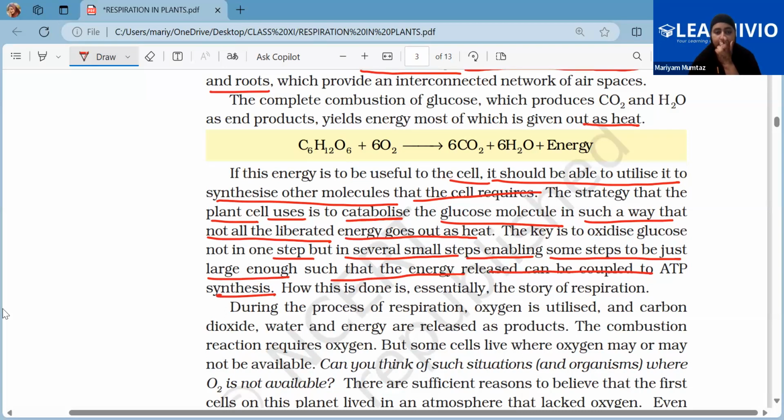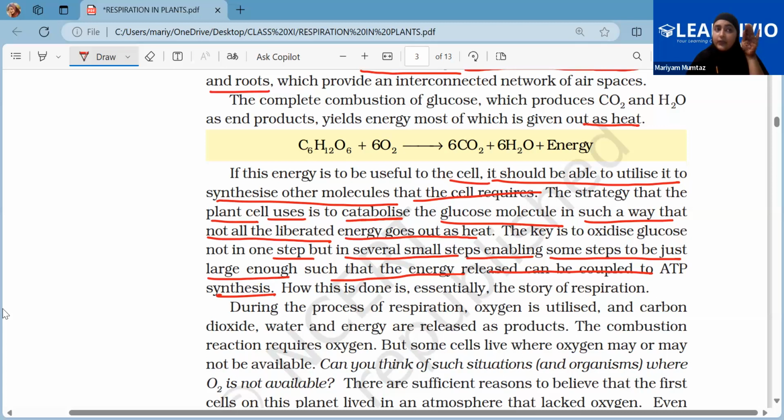This is the reason why all the processes that take place in respiration are not done in just one large step, because if it was done in one large step, all the energy would be released in the form of heat.